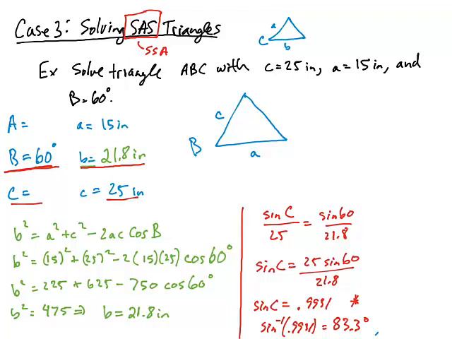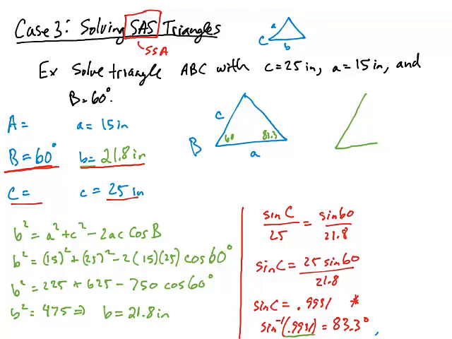But if we look at the two possibilities, we found 83.3 degrees for angle C, and we already know that this is 60 down here. Well, the other possibility where sine is equal to 0.9931 is 96.7 degrees.